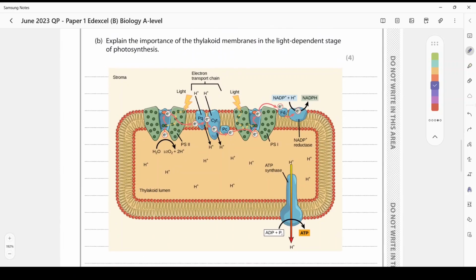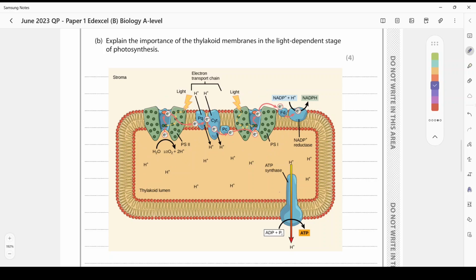So in your thylakoid membrane, this is the membrane and this is the stroma, which is basically the space inside of the chloroplast. On the membrane, we have these things called photosystems. We can see photosystem 2 over here and photosystem 1 over here. These photosystems contain pigments, which allow for light to be absorbed.